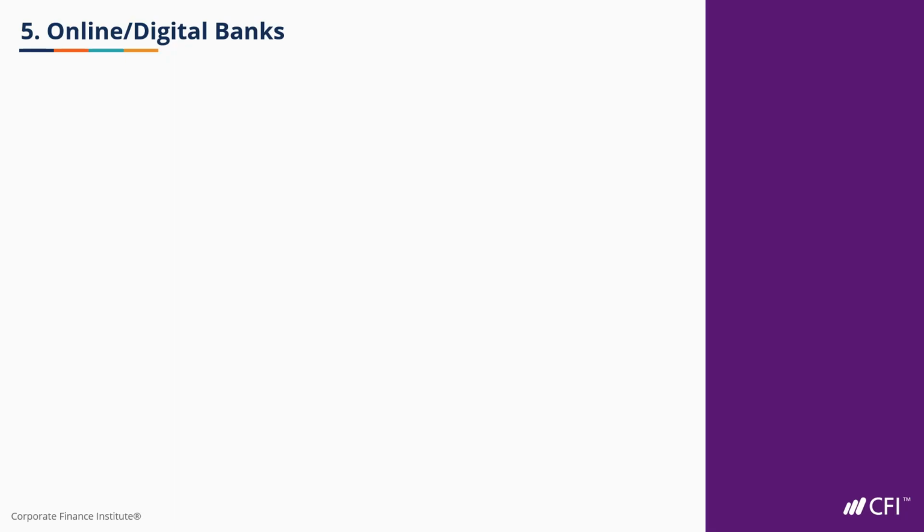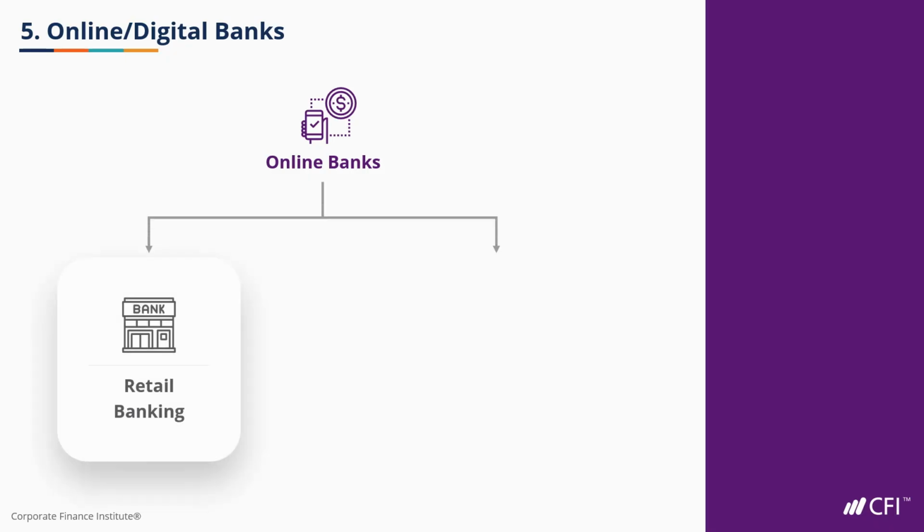Online banks, also referred to as digital banks, are similar to retail banks. They offer similar products and services as a conventional retail bank, but through online platforms instead of physical branch locations. Some, but few, also offer very limited business services to small businesses, typically for business checking and savings accounts.